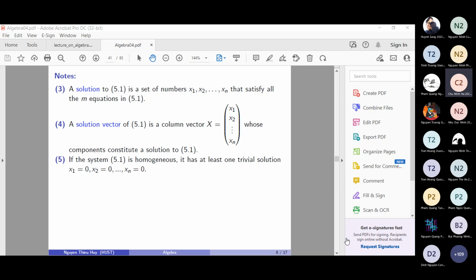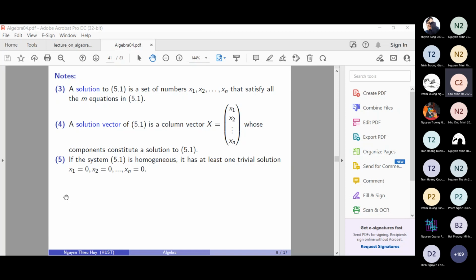Okay, sorry for the disturbance. So it's clear that if the system is homogeneous, then it always has a trivial solution. This solution where all of the unknowns are 0 is called the trivial solution.